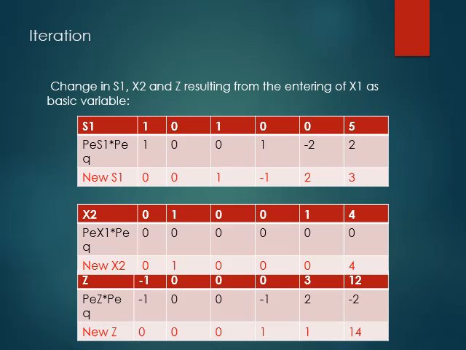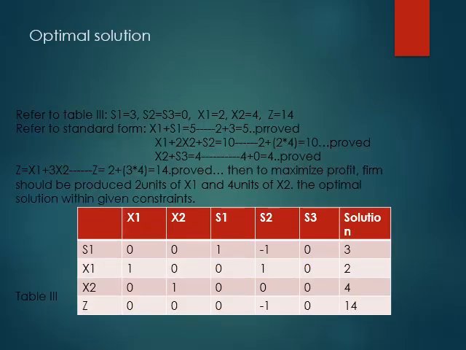Now we are going to design the last table. Pay attention to table number 3. We reached the optimal solution because there are no negative values in the row of Z. But let us read the values of this table.